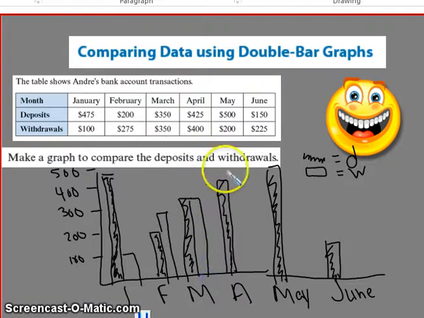In April, $400, so a little below this. In May, $200, so way down here. And in June, $225, so let's see, a little bit above 200. Alright, and there we have a double bar graph that compares deposits and withdrawals.